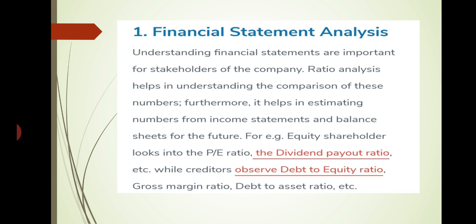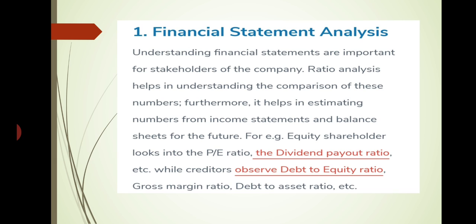The first importance is financial statement analysis. It is very necessary to identify the actual financial strength of that particular business unit or financial institution. Understanding the financial statements is important for stakeholders of the company or financial institution.